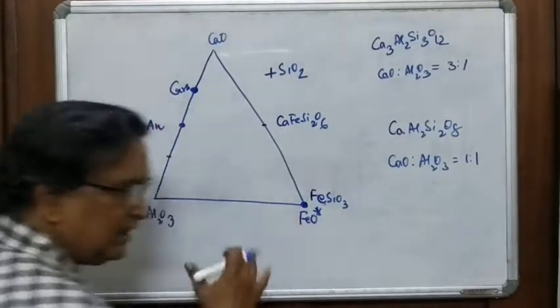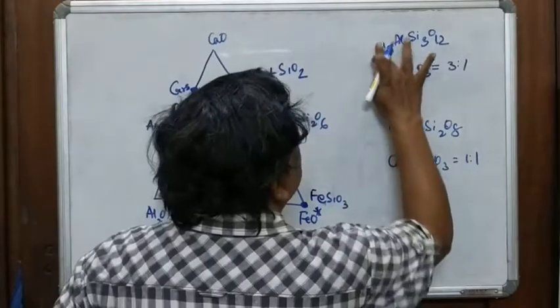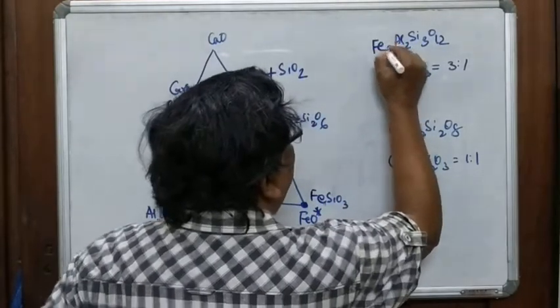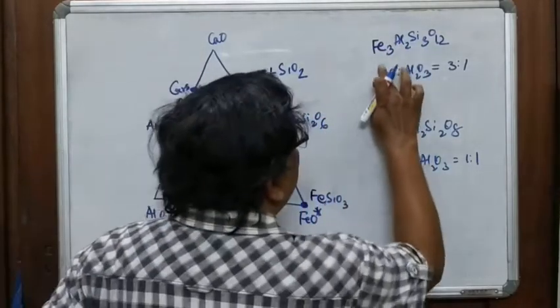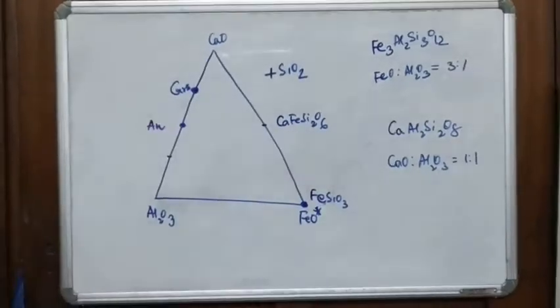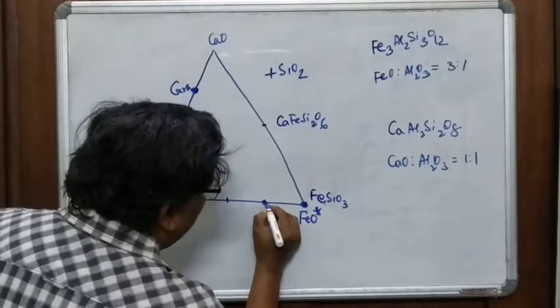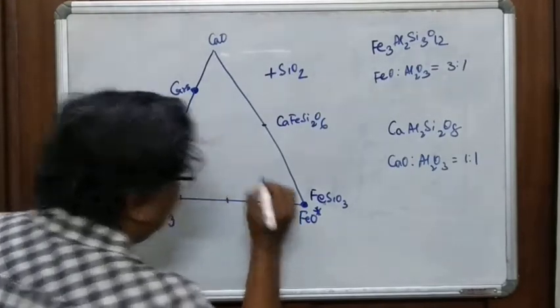Similarly, if we take almandine component, then you have to replace calcium by iron. Instead of CaO, you can write FeO, and then it will be 3:1. So again, if we divide it into 4 parts, this will be almandine.